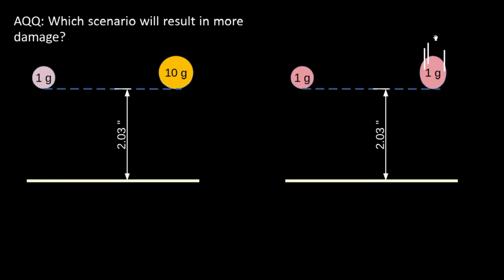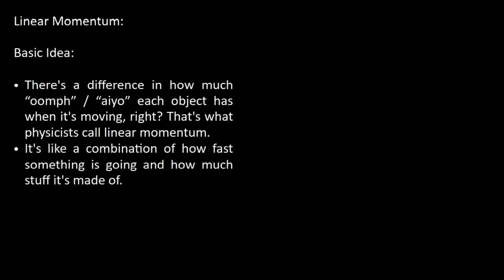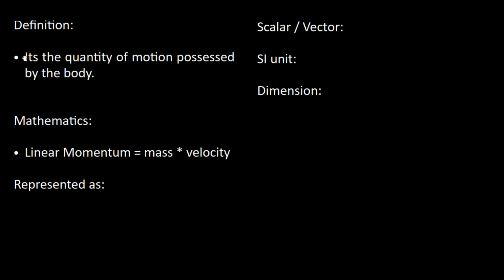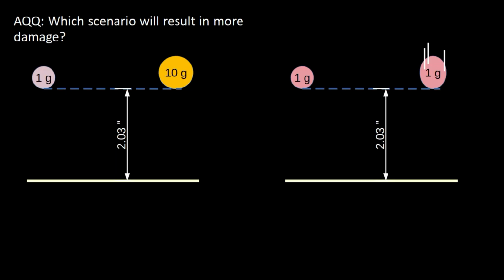For the same mass, if the velocity increases, the one with more velocity will have more damage, right? So this linear momentum is defined so. Mathematically, it is so. It's represented by small p. It's a vector quantity. SI unit is kg meter per second. Dimension is over here. You can pause and have a look and copy what makes sense to you guys. Again, make running notes.